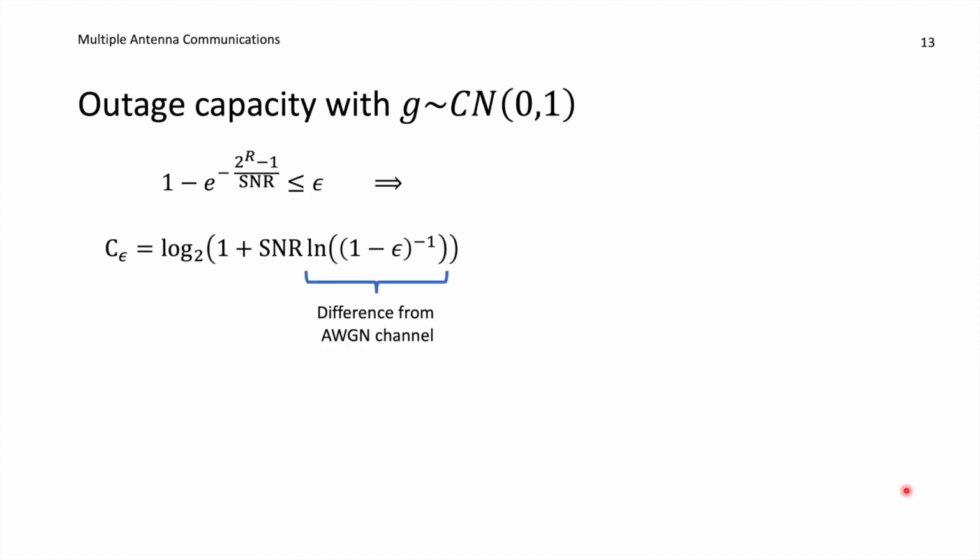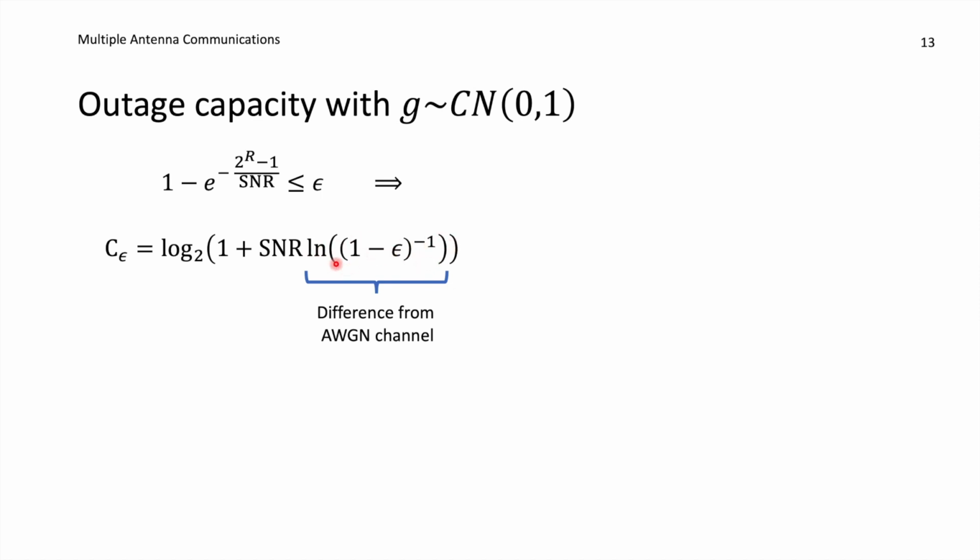For the Rayleigh fading scenario that we have considered in detail, we can actually compute the outage capacity. So this was the outage probability that we obtained. If we say that it should be smaller or equal to epsilon, and we actually want to have equality here in order to make R as large as possible, then we solve this equation for R, and we get this expression: log 2 of 1 plus the SNR multiplied with the term here, that is the natural logarithm of 1 minus epsilon to the power minus 1.